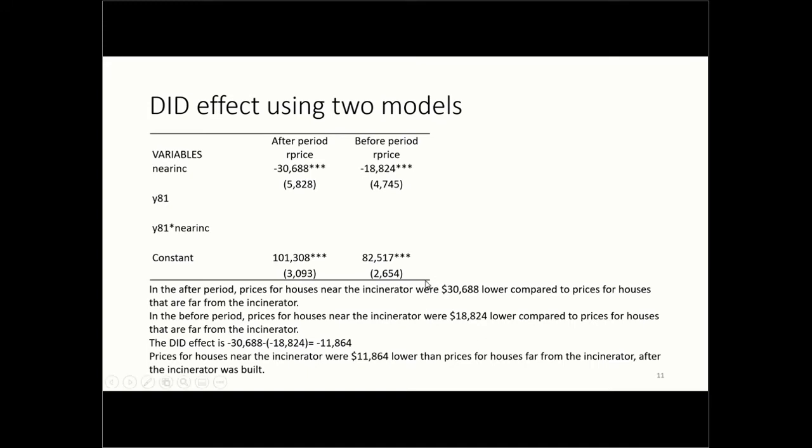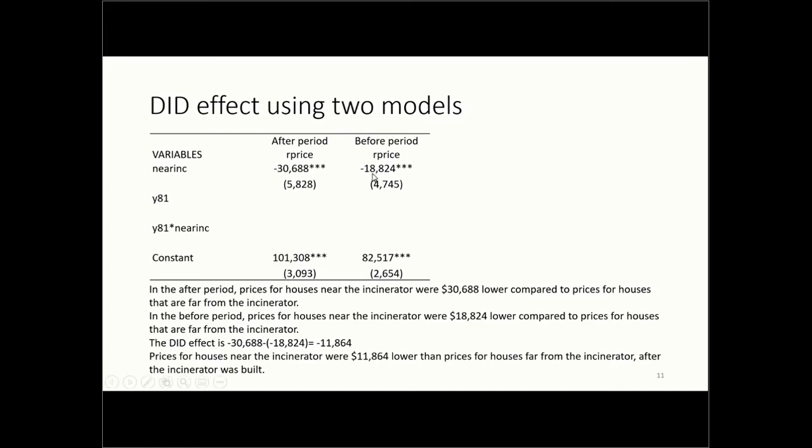Here we have in the after period, this is the regression model. And in the before period, this is the regression model. And here we have near the incinerator, that's the treated variable. And here we have that in the after period, house prices near the incinerator were $31,000 lower compared to prices for houses that are far from the incinerator.